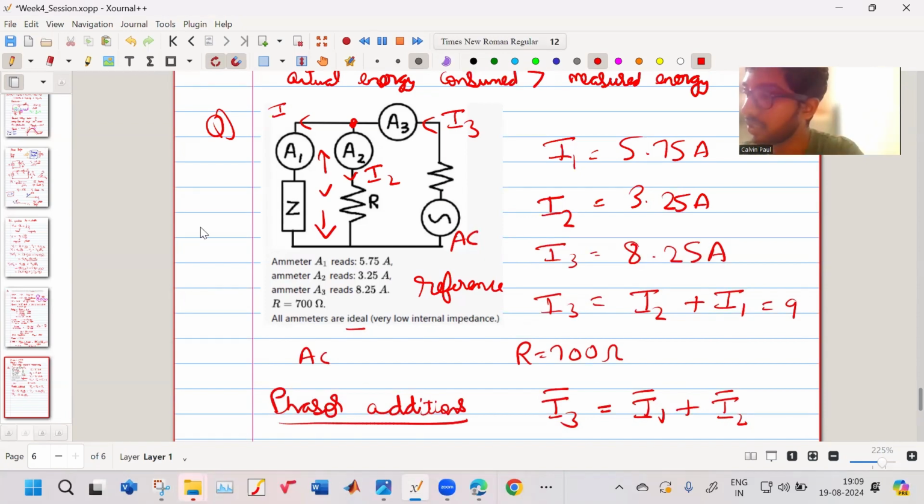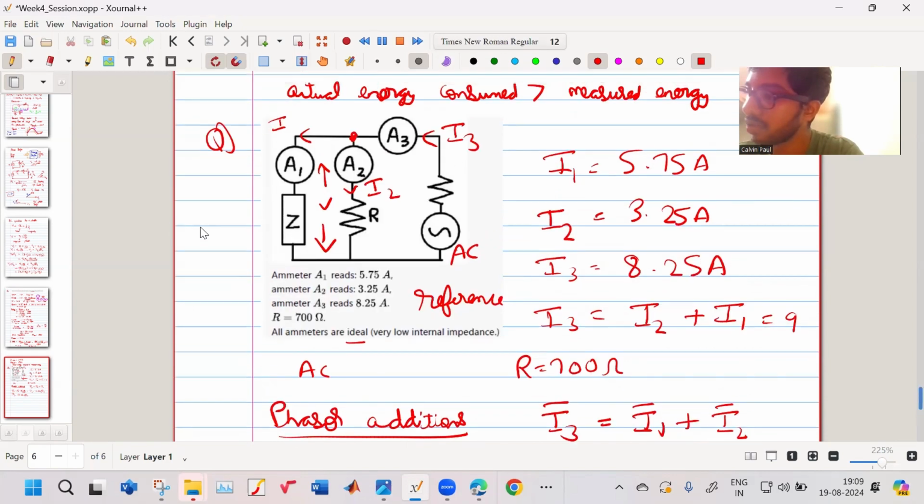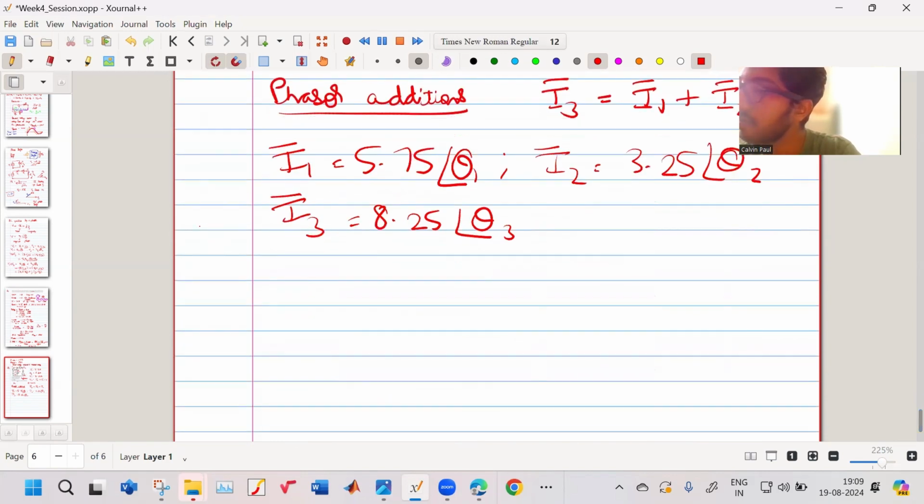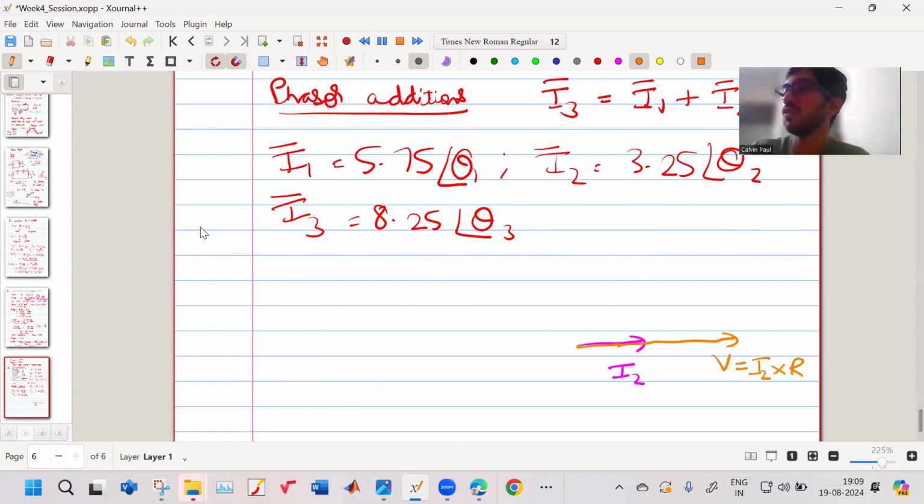So we will have a reference phasor I2, and in phase with that there will be a phasor V, which is equal to your I2 into R.